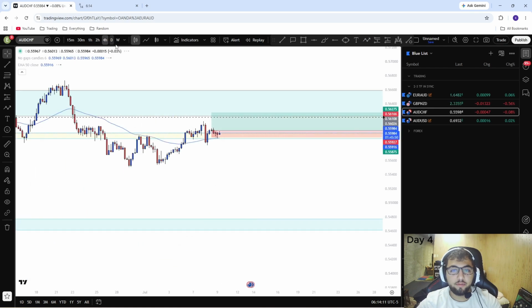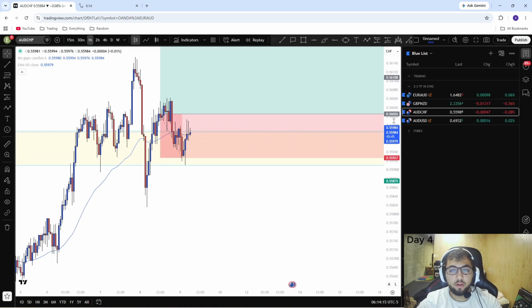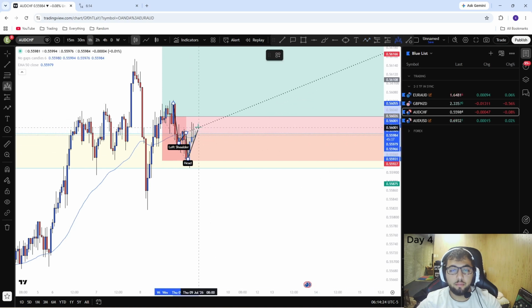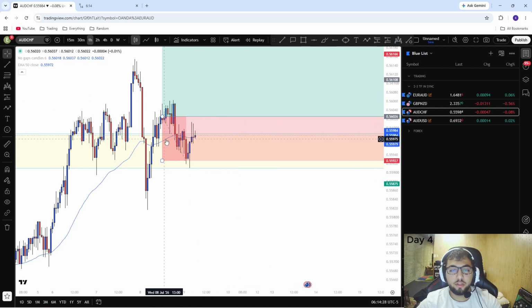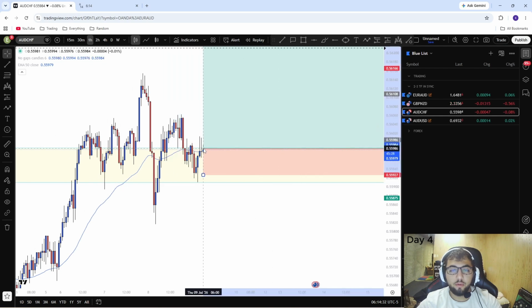AUD CHF, we're just waiting for a closure underneath, which we did get, and just that shift to structure again. So we're looking like a left head potential, right shoulder. We have our alarm set, and we're just looking to see on AUD CHF what we got.